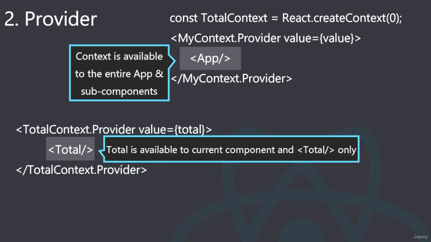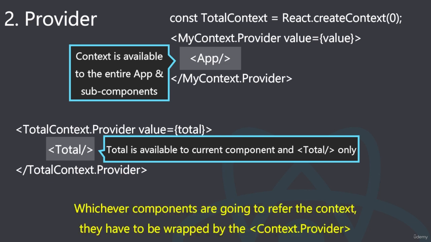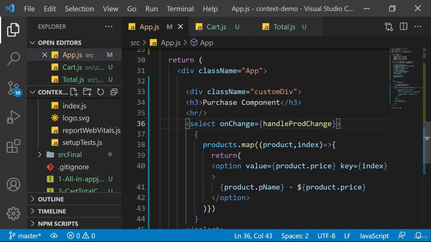And in this case, the total component is wrapped by the provider. It means the value total is available to the total component with the help of context API, but not to the other components. So do make sure that whichever components are going to refer to the context, they have to be wrapped by the provider. Now let's go to the coding and start implementing this provider component.